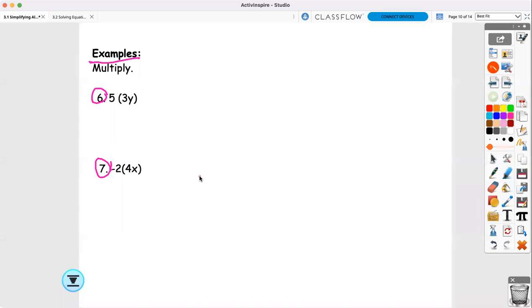So when we multiply a number with the variable term, all we do is multiply the numbers, right? And the variable stays the same unless there's another variable involved. So what's 5 times 3y? 15y, that's correct.